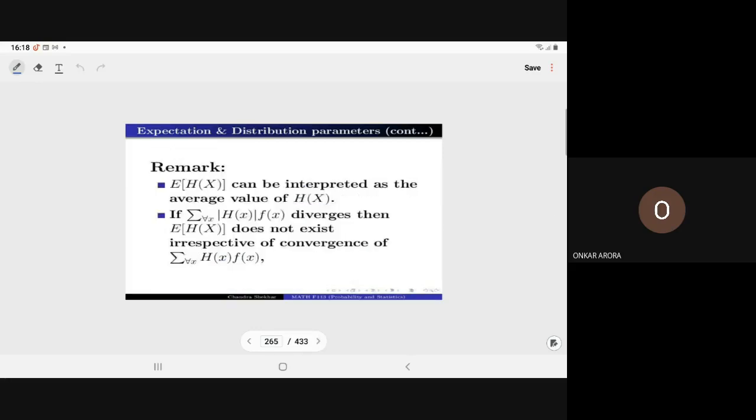So let us see what is written. E[h(X)] can be interpreted as the average value of h(X), or the mean value of h(X). If the summation over all x of |h(x)| f(x) diverges, means it is not finite, then E[h(X)] does not exist irrespective of convergence of the summation of h(x) f(x).